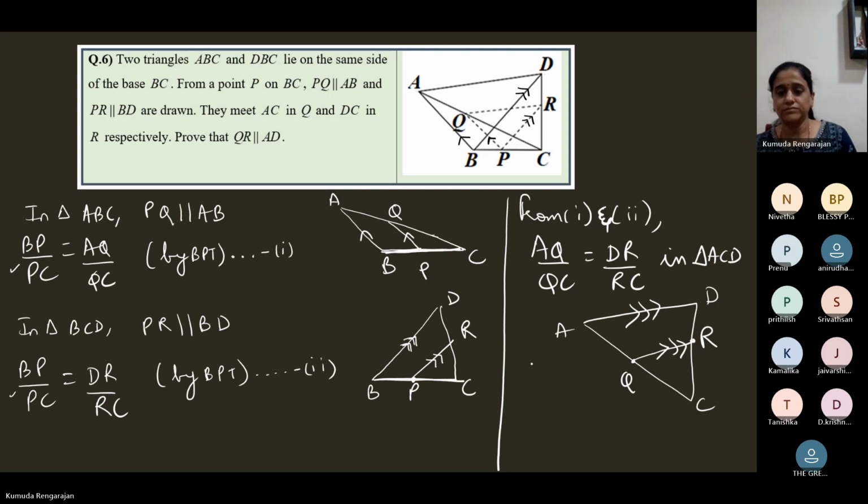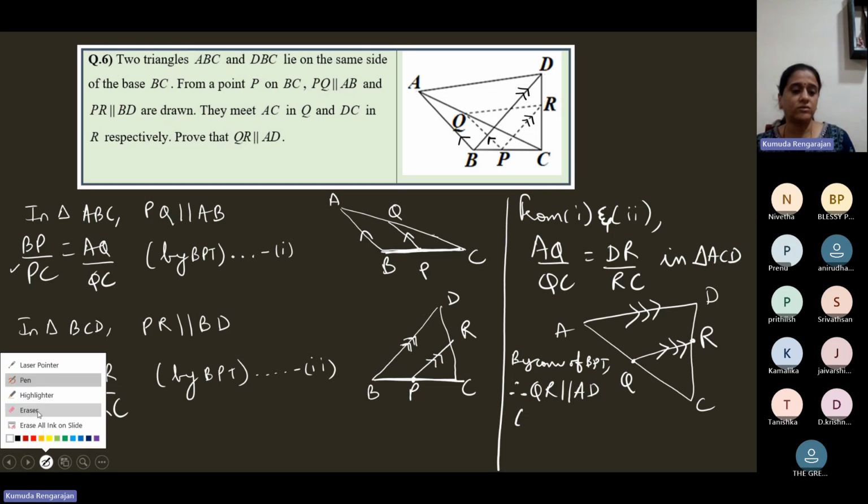Therefore, QR is parallel to AD by converse of BPT.